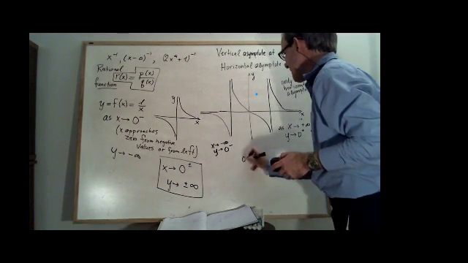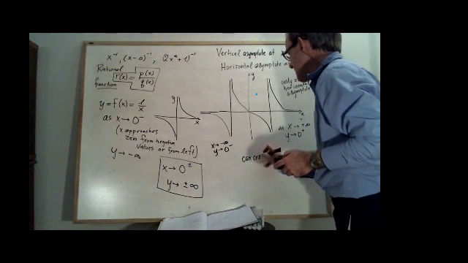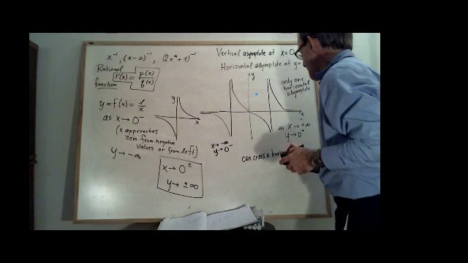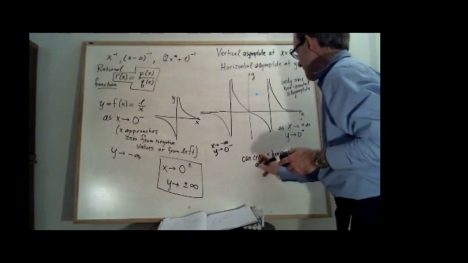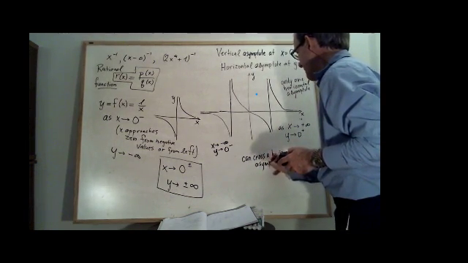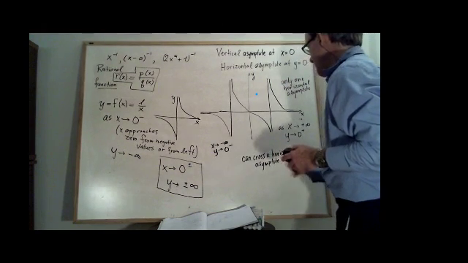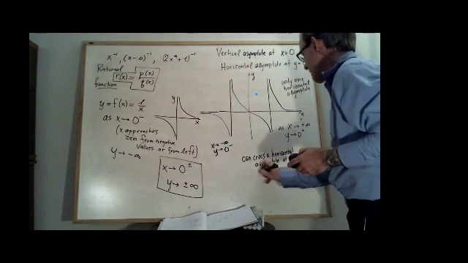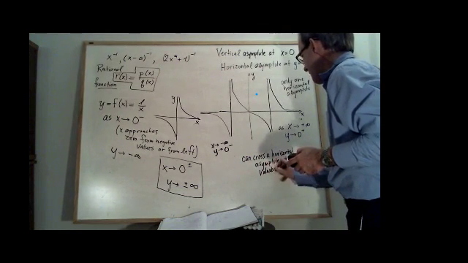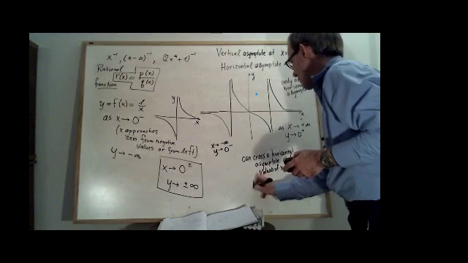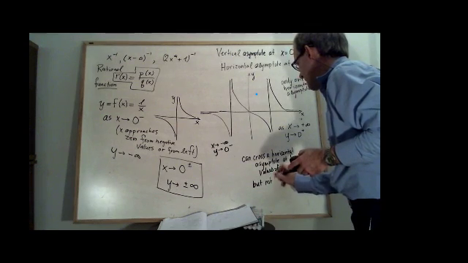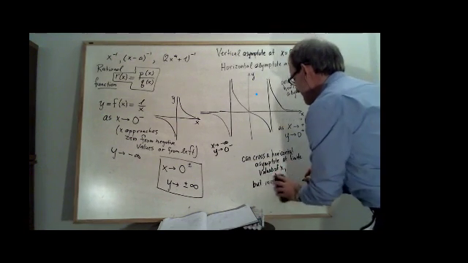Okay, so we can cross a horizontal asymptote at finite values of x, but not a vertical one. A vertical asymptote cannot be crossed.